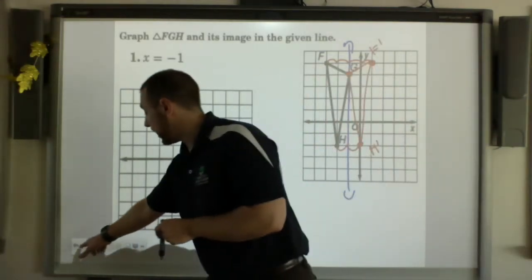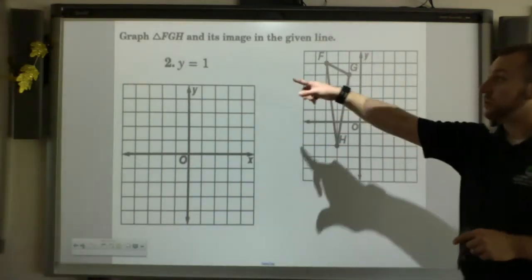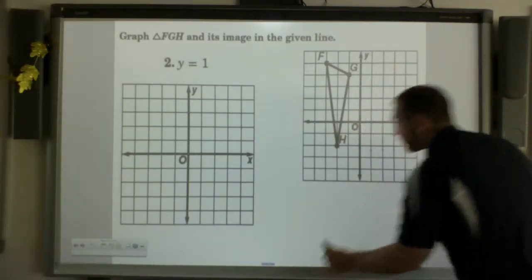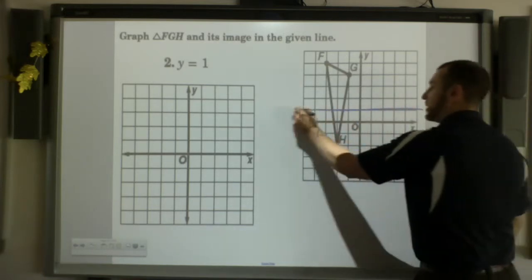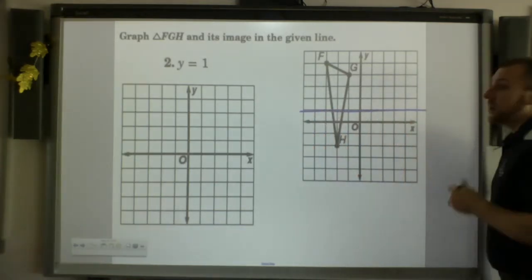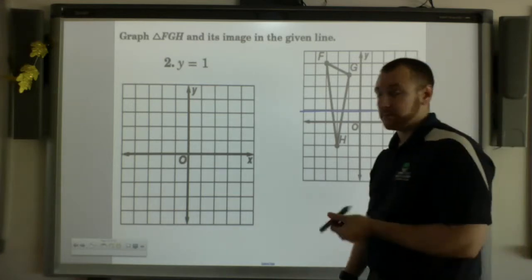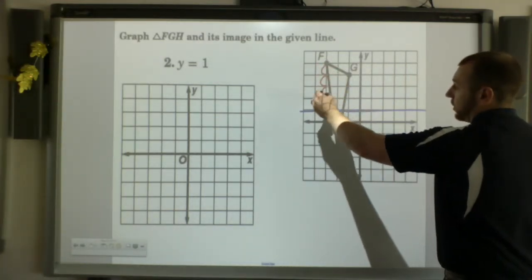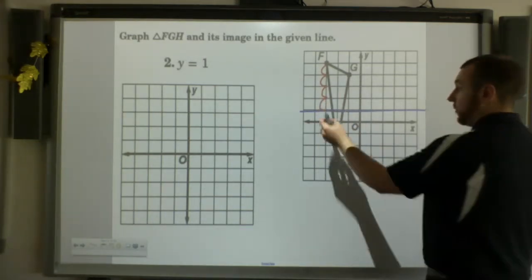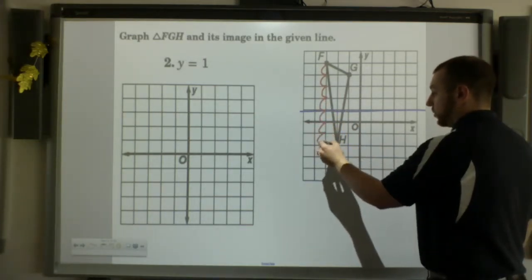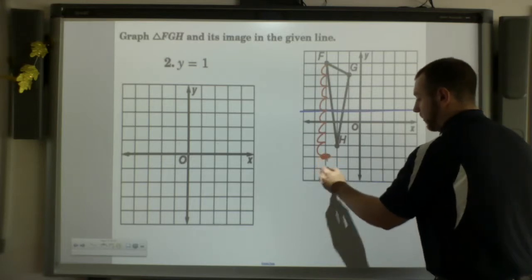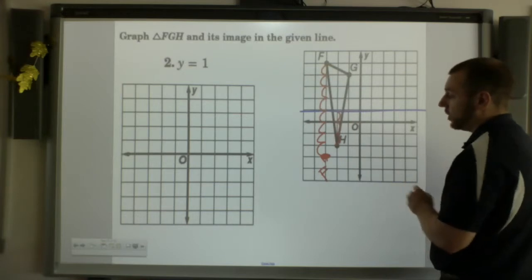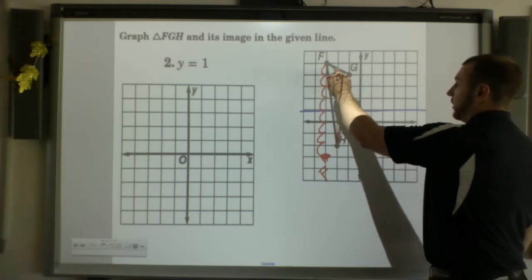I can do the same thing with a y equals 1 line. Y equals 1 line is a horizontal line through 1. This is my horizontal line. So now I start counting. F is 1, 2, 3, 4 away. So I go 4 away on the bottom: 1, 2, 3, 4. There's my new F. H is 3 below, so I go 3 above.